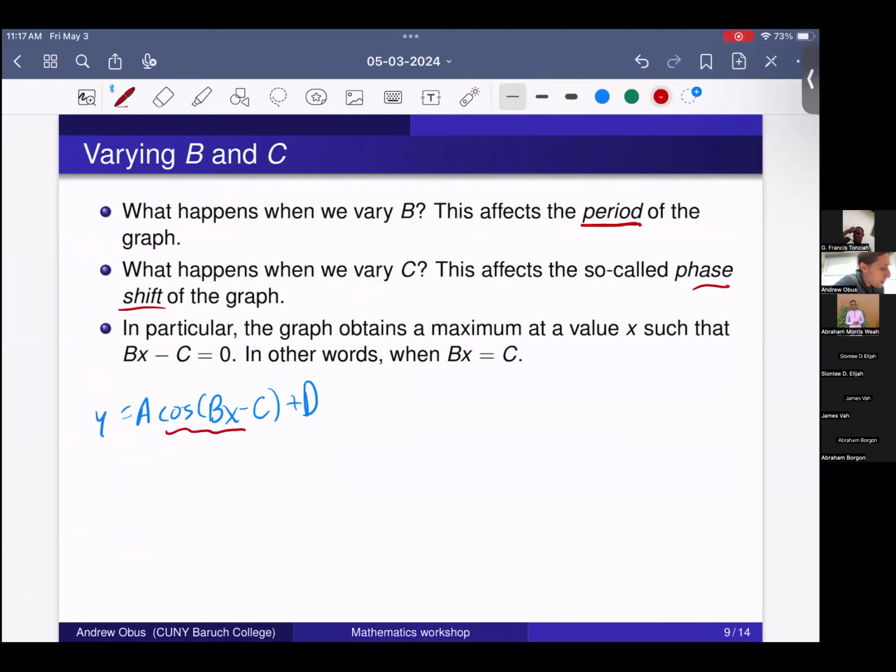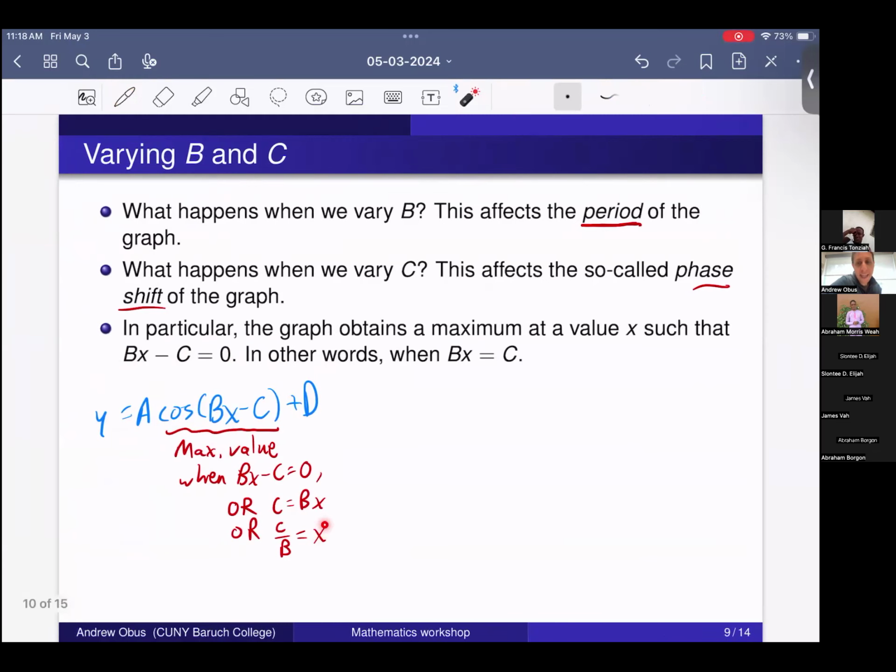This achieves its maximum value when bx minus c is equal to 0, or where c equals bx, or in other words, where c over b is equal to x. So wherever this graph achieves its maximum value, one of the places that's going to happen is at x equals c over b.